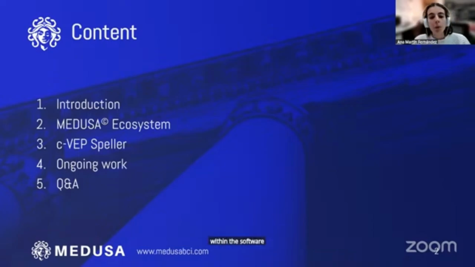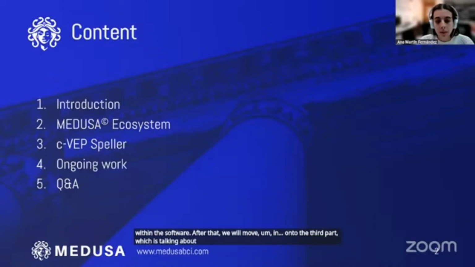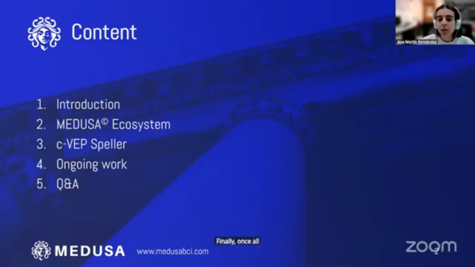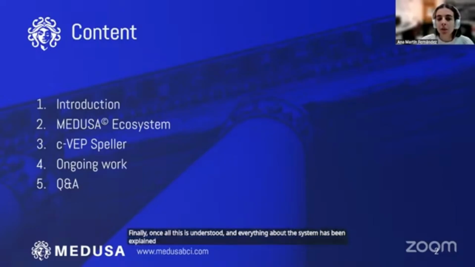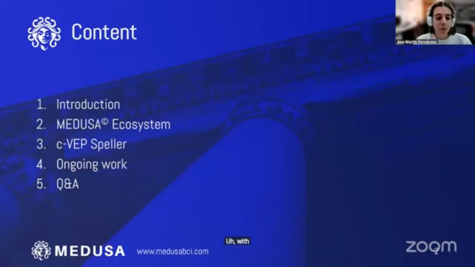After that, we will move onto the third part, which is the c-VEP Speller app. We will see how it is implemented and a bit of its architecture and functioning. Finally, once all this is understood, I'll share some of the research that we are currently conducting within our group. And of course, at the end, we will have some time for questions.